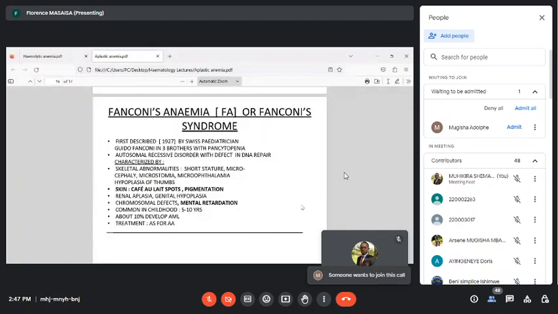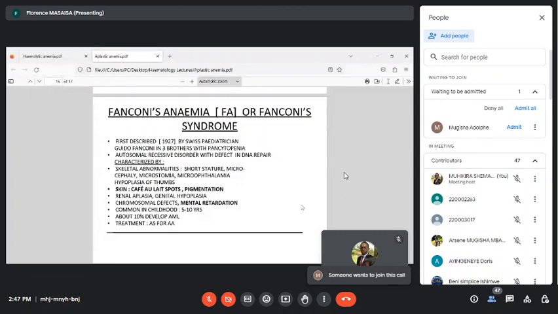When they went deeper into that, they found that the issue was like aplastic anemia, but it was related to a defect in DNA repair. It is an autosomal recessive disorder presenting with that defect in DNA repair.